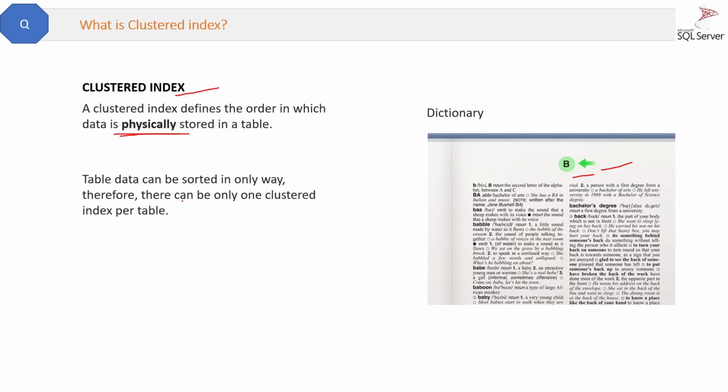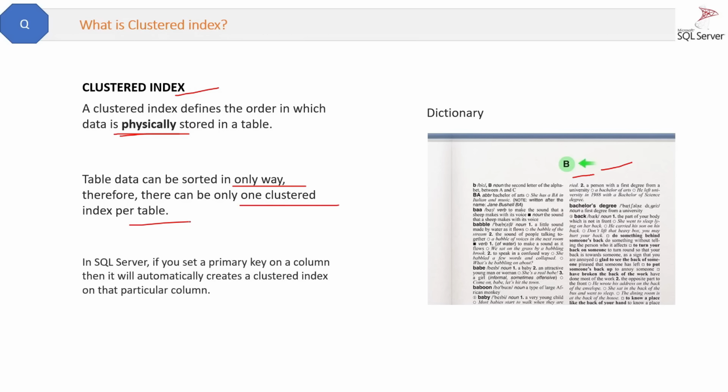Table data can be stored only one way, and one clustered index per table is possible, not more than that. In SQL Server, if you set a primary key on a column, then it will automatically create a clustered index on that particular column. That is a feature provided by SQL Server, because they assume the primary key has to be the clustered index, since it is unique and identifies the rows.